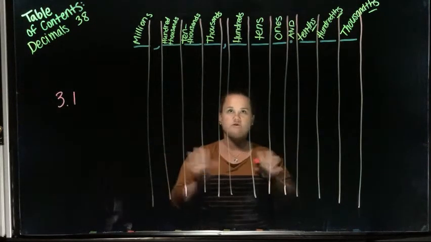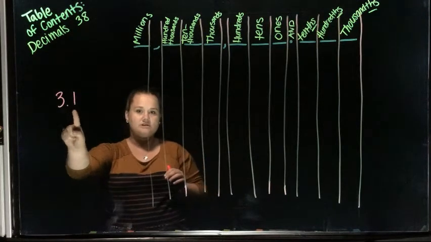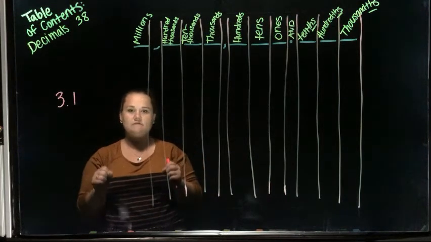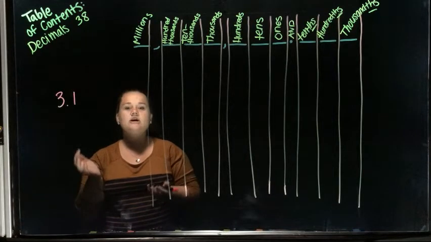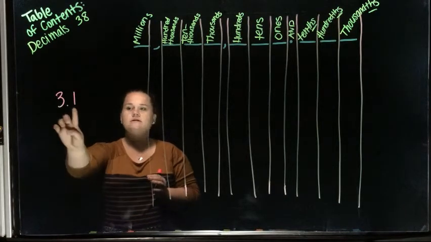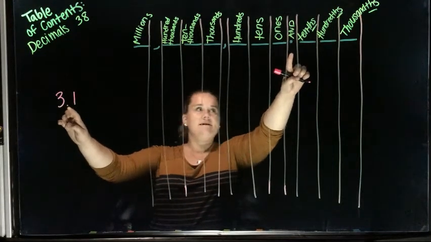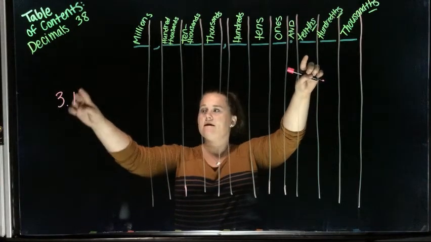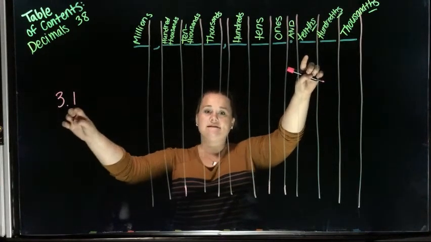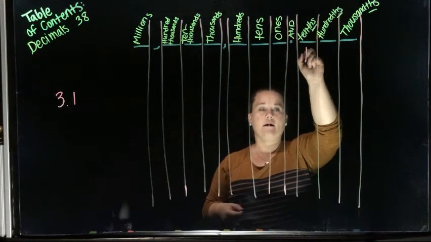So when I go to put this on my new chart that I just made in my journal, I'm sure it looks beautiful, I look at my decimal first. You always want to look at your decimal first. This is the same as when you're doing those gridables on the STAR test. You always go to your decimal. I look and see what is on this side of my decimal. I have a 1. This is in the tenths place, so I go to my tenths place and I put a 1.